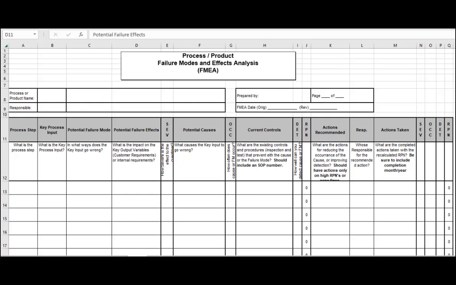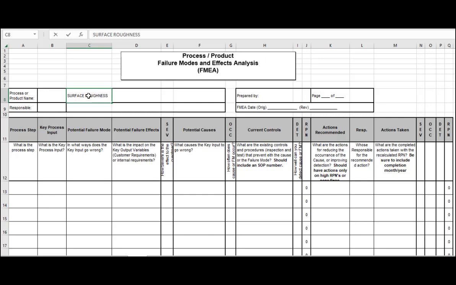Now we will proceed with our analysis with failure mode effect analysis, or FMEA. So this is the FMEA template. We are now considering the surface roughness for the process or product name.